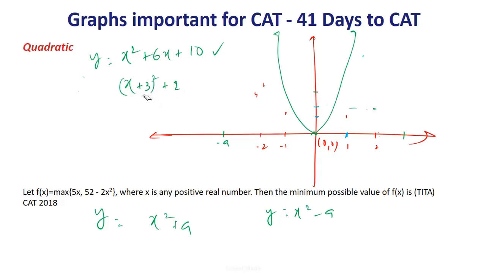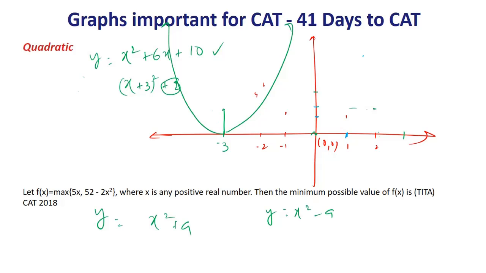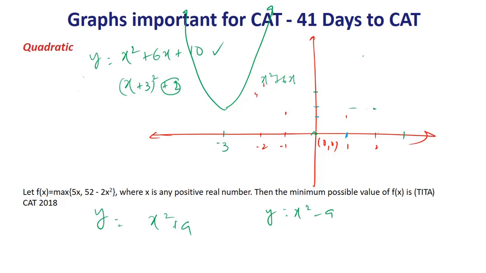But it is plus 3. If it is plus 3, I'll have to put x is equal to minus 3 to make it 0. So it will shift 3 units to the left hand side, something like this. And then you have a plus 1 also, shift it 1 unit upstairs, make it something like this. So finally, what's the graph like? The graph of x square plus 6x plus 10 can be drawn something like this.